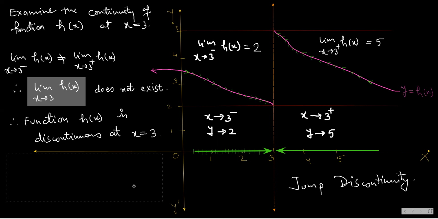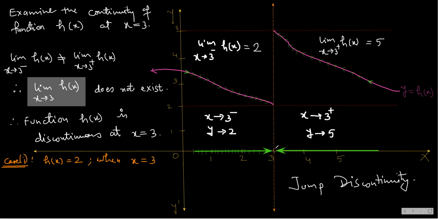So what are those few cases? I will write here. Suppose it happens so that h of x value, okay, here I write case 1, and in case 1 I write h of x is equal to 2 when x equals 3.